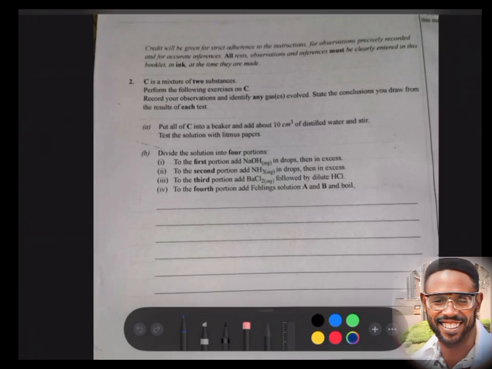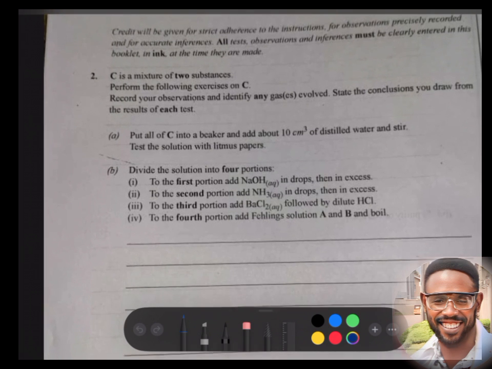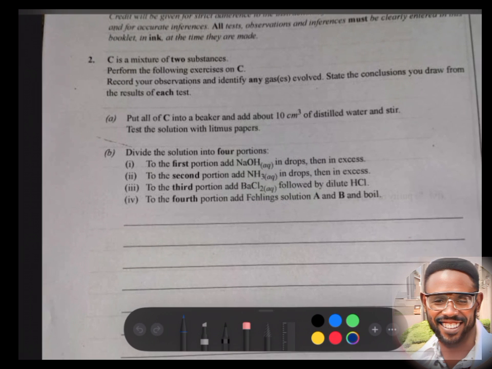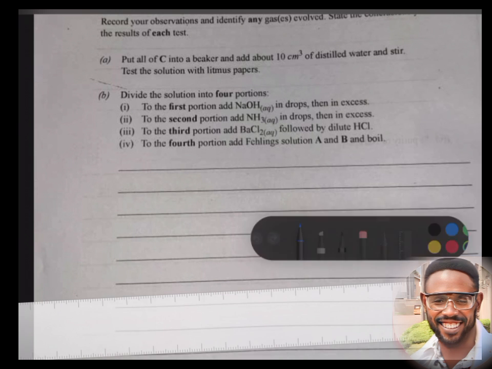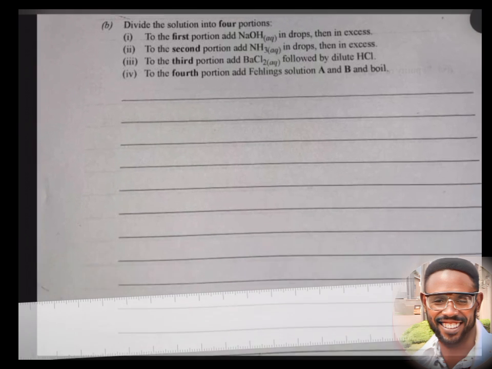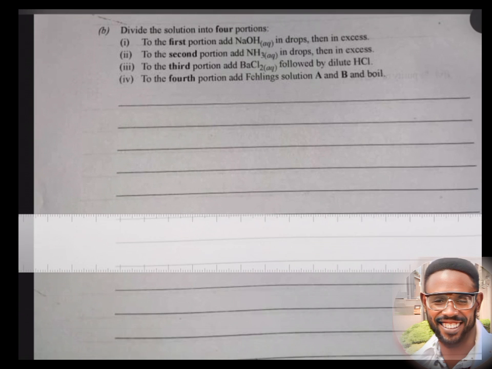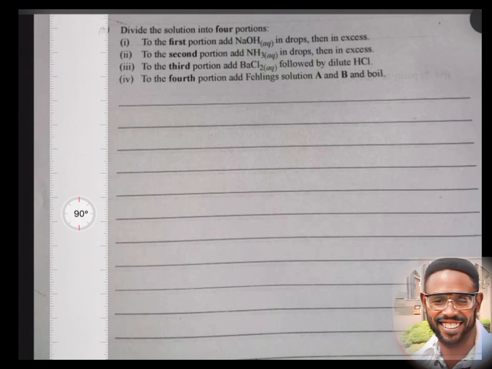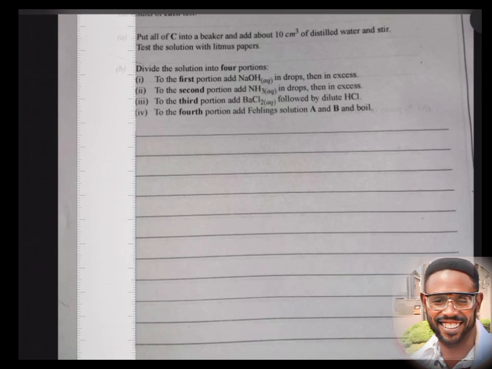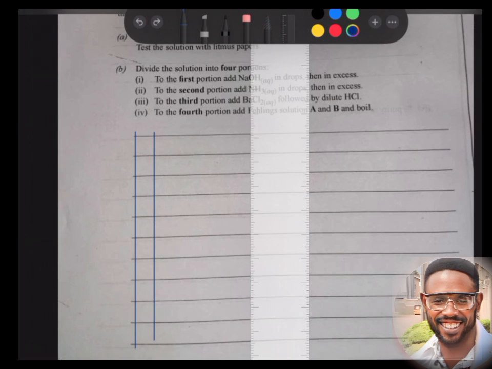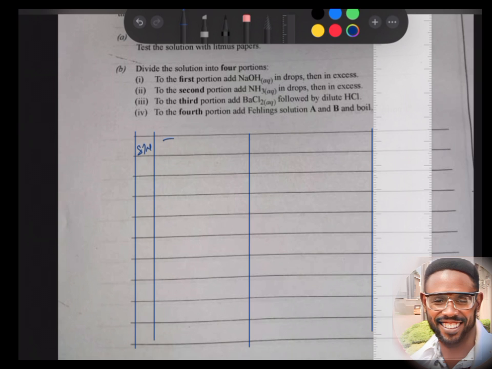They gave us this information. C is a mixture of two substances. Perform the following exercise. Put all of C into a beaker and then add as usual. So what you are required to do here is to make your table and number correctly.